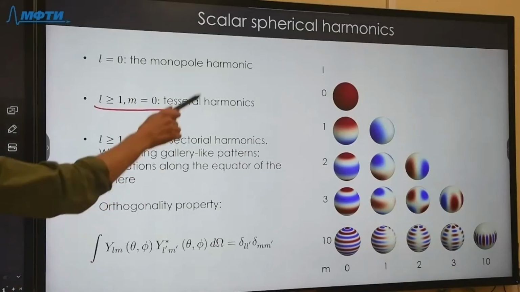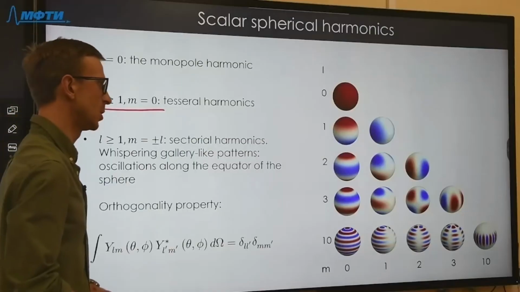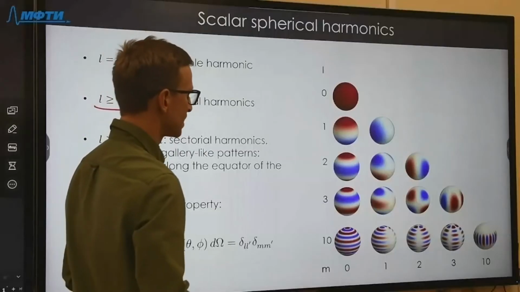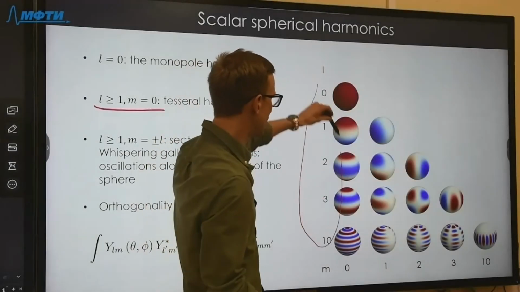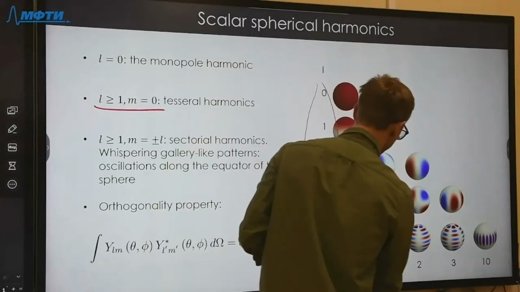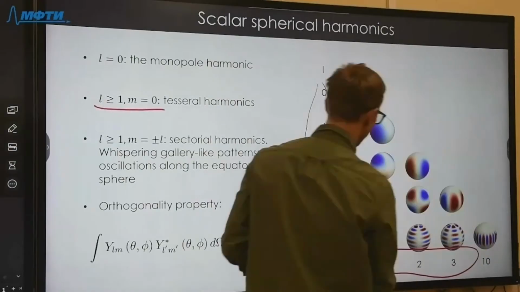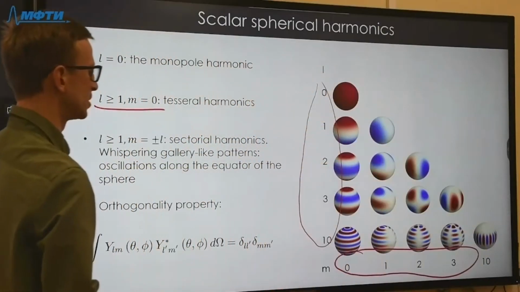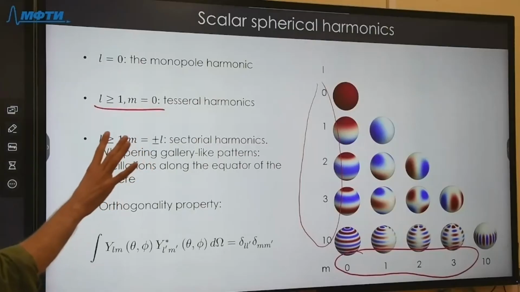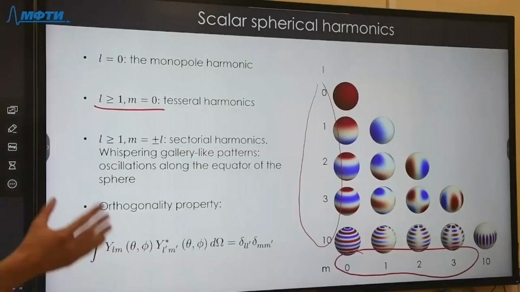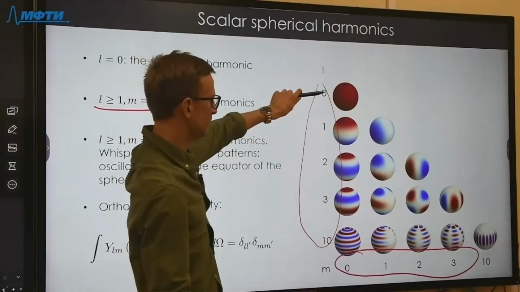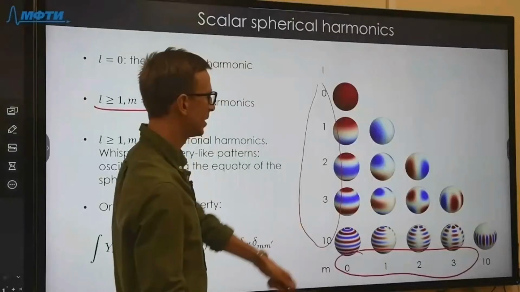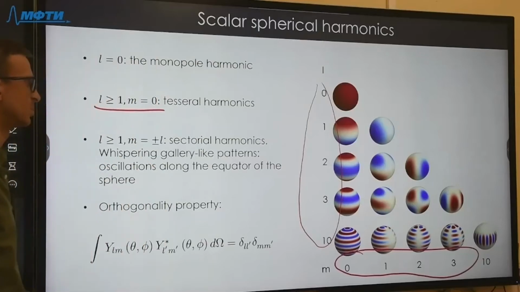And this is the visualization of the first few lowest scalar spherical harmonics with indices L ranging from 1 to 10, and also different M's plotted on the surface of a unit sphere. So this is just the angular dependence of the spherical harmonics to remind you what they actually look like. This corresponds to the monopole, the dipole, the quadrupole, and so on and so forth, spherical harmonics.